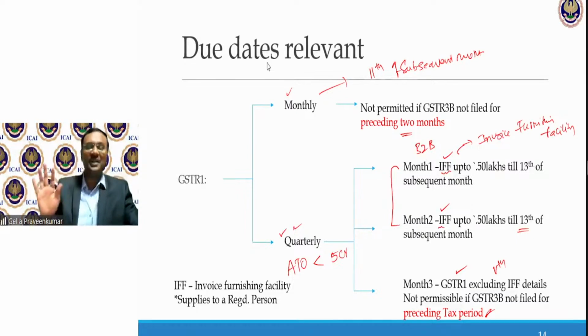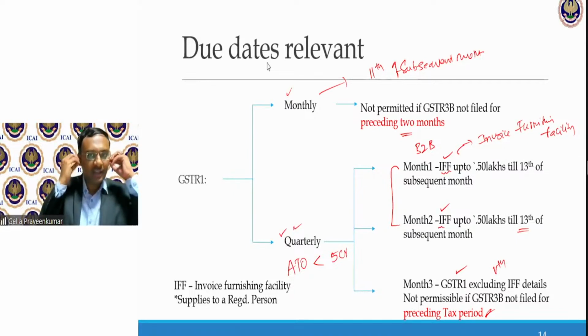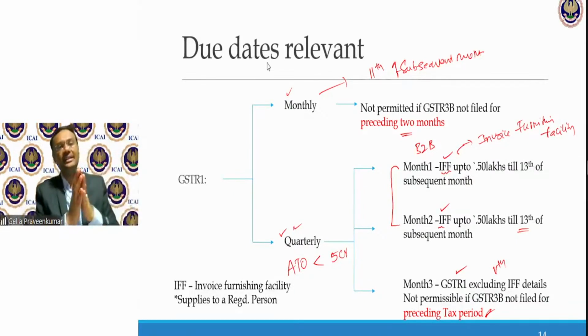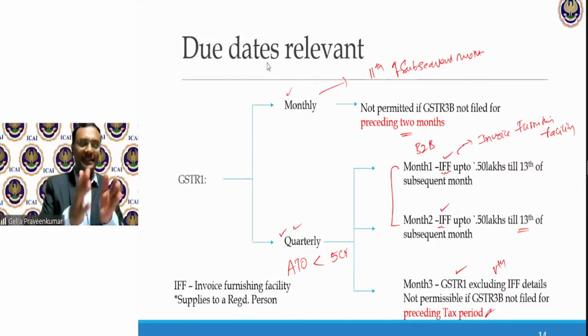On a lighter note, I've said, whatever doubts you have, please feel free. I'm there to clarify. So here, let's take an example, say premises door number three. It's a 100 by 100 square feet premises.